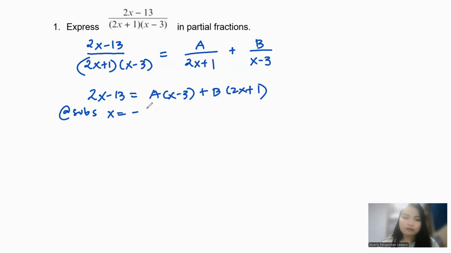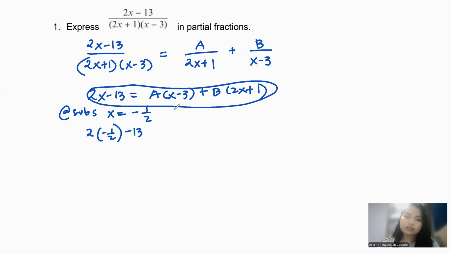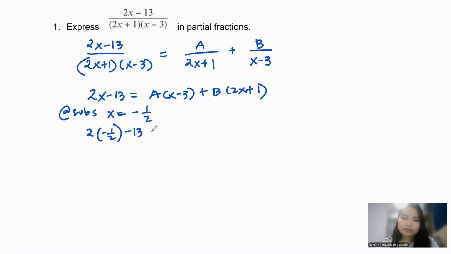Okay, negative 1/2. So what I'm going to do is just put negative 1/2 in all your x here, and you just get the value of one of the unknowns. So you have a times negative 1/2 minus 3 plus b.